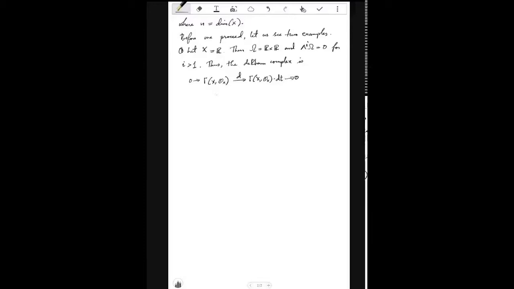So here every f goes to df by dt dt. So here O_X is the sheaf of smooth functions on X.